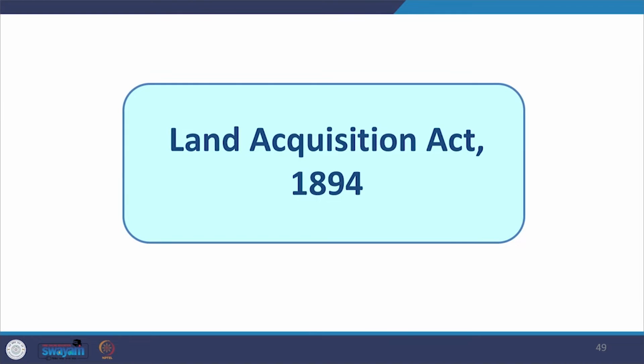Briefly looking at the Land Acquisition Act of 1894, because this was an important act. As per Professor Daniel's review, the act was enacted by the British with the definite objective of building infrastructure like railways, post and telegraph lines, roads, bridges, canals, communication networks, and means to transfer their army and weaponry to different parts of the country.